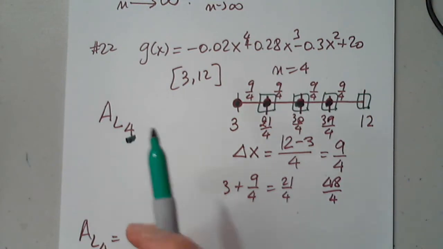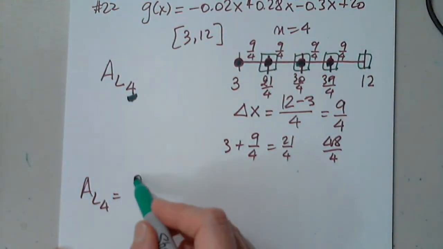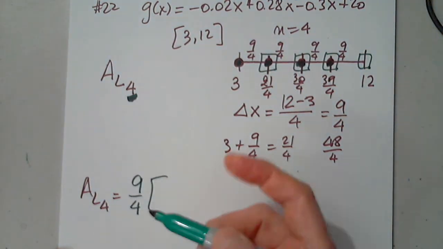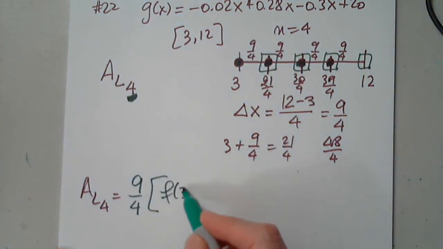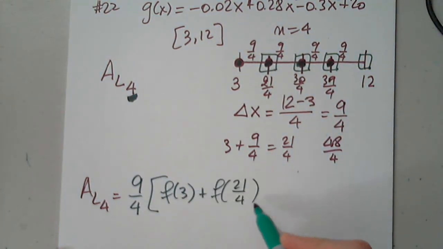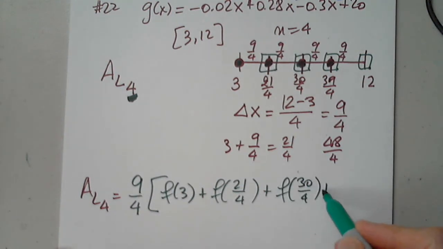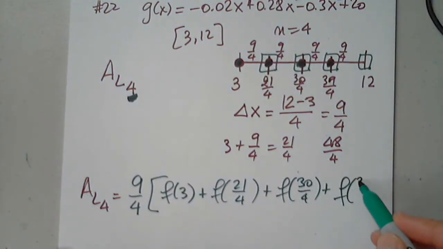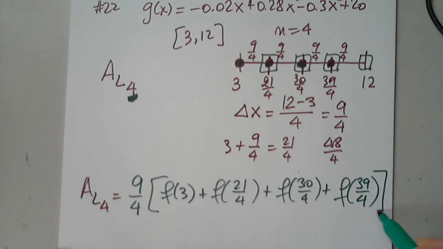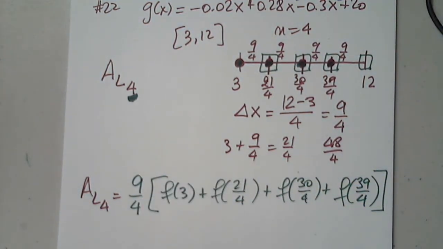Only 4. Okay, so since the width is the same, I'm going to keep it in front. F of 3 plus f of 21/4 plus f of 30/4 plus f of 39/4. All I have to do now, determine this plus this plus this plus this, and multiply by 9/4.